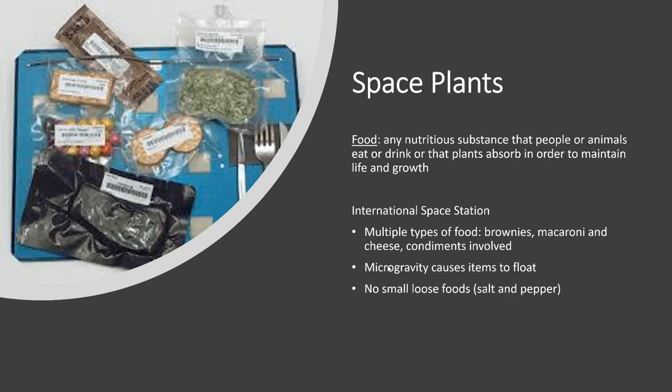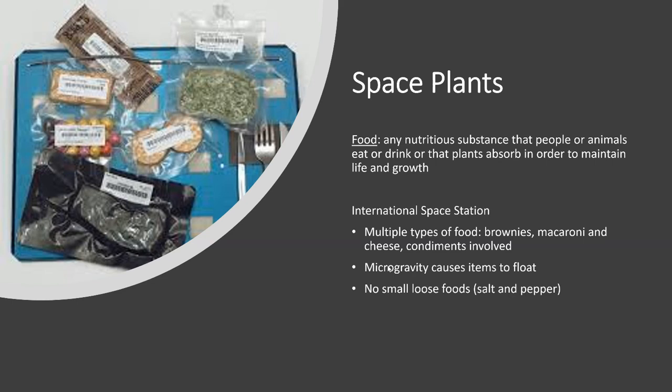And so, the question would be, why plants? Why focus on just plants in space? Why not have meat in space? Well, the reason is that it's a lot more sustainable to have plants in space. But that's a different topic for a different slide.